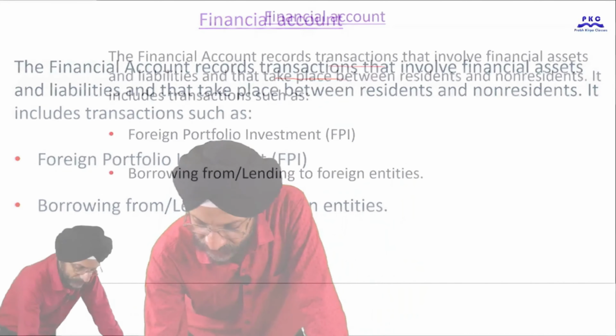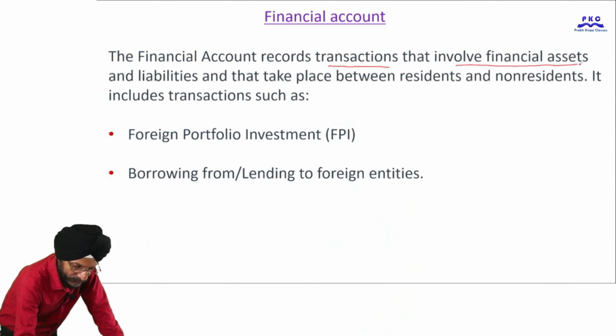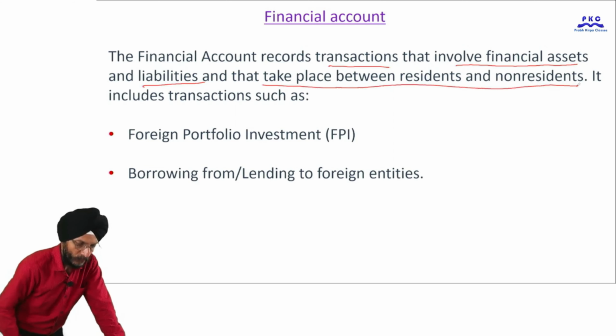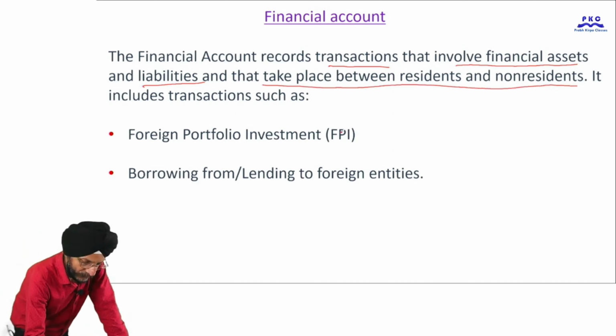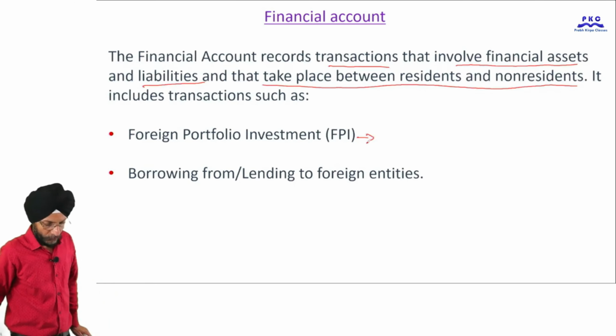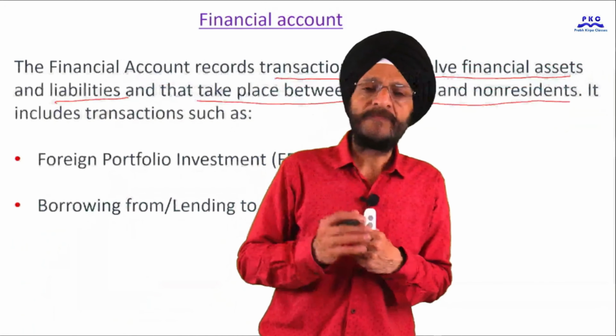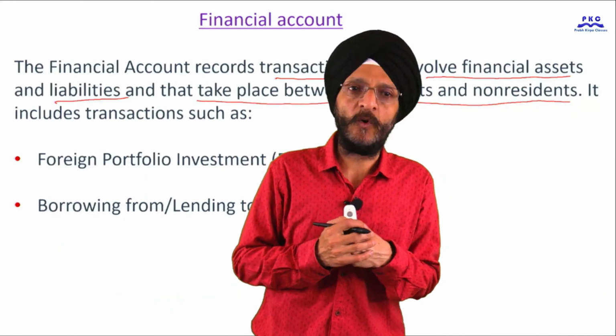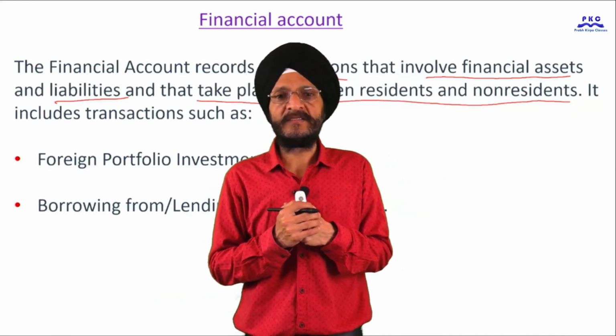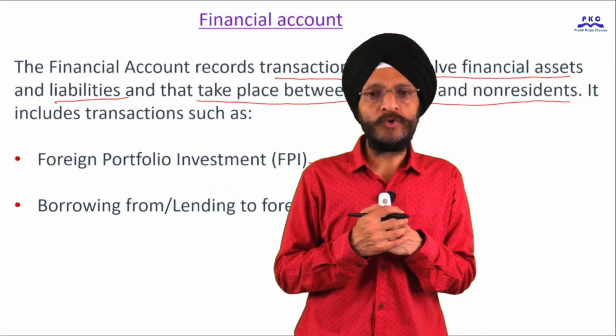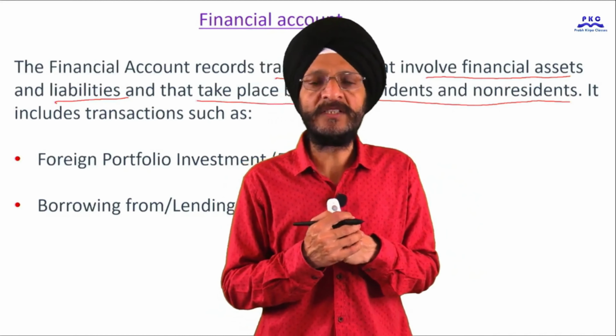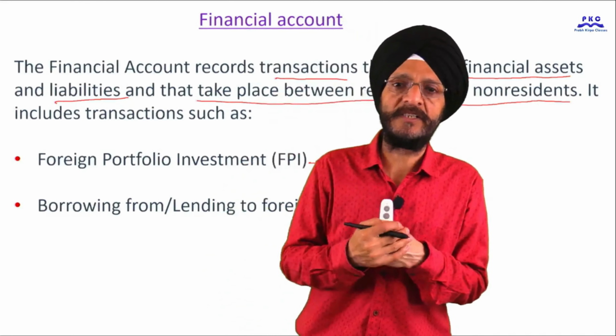Financial account records the transactions that involve financial assets and liabilities that take place between the residents and non-residents. When we are talking about foreign portfolio investment, it means purchase and sale of financial assets such as stocks, mutual funds, and other securities by investors from other countries.